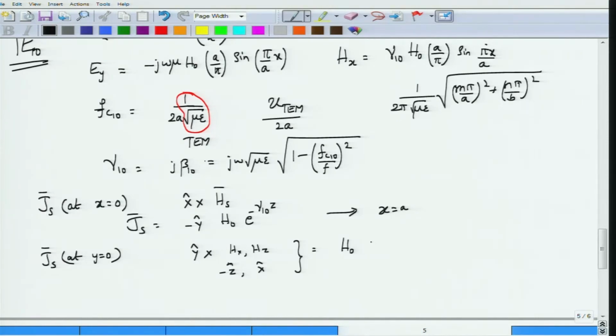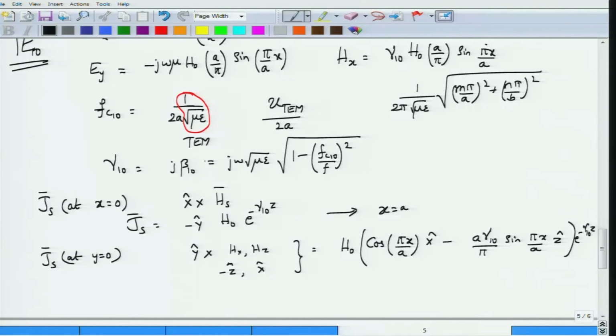The answer that you get is h0 cos(pi x by a) along x direction, minus some constant, a by pi, times gamma 10, the propagation constant, times sin(pi x by a), and this one would be along z direction, e to the power minus gamma 10 z.